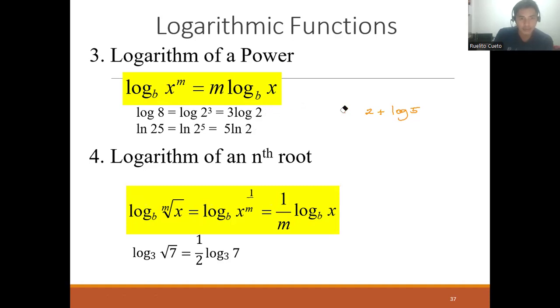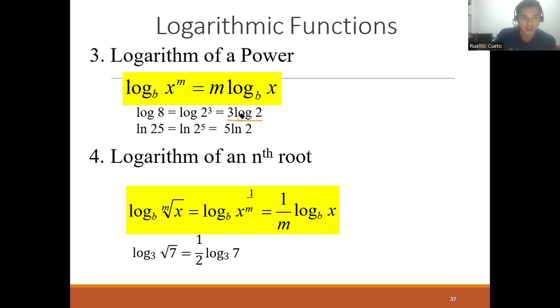Now, if you have log of 8, that is also equal to log of 2 cubed. Log of 2 cubed equals 3 log of 2. Then ln 2 to the 5 equals 5 ln 2. Those are examples of logarithm of a power.